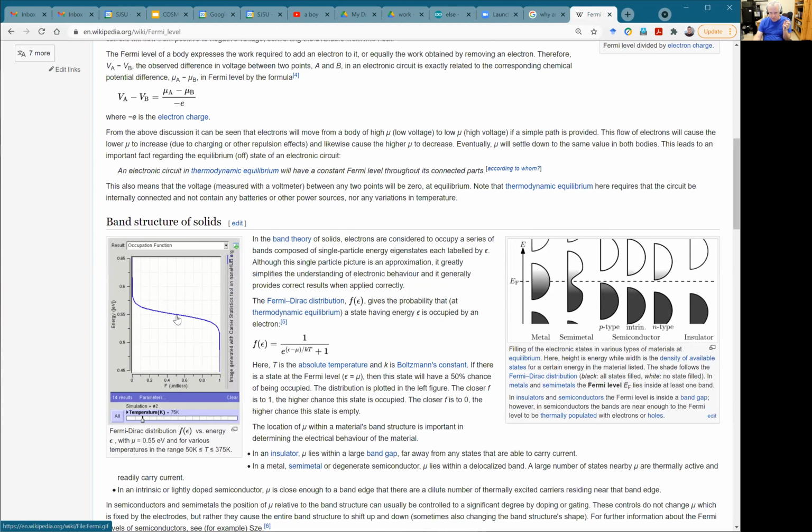So at 0 Kelvin, the electrons will be perfectly populated below this level and perfectly empty above this level. But as temperature increases, electrons from here are excited into here. Does that make sense? So electrons are excited from the valence zone to the conduction zone. Yes, they are.